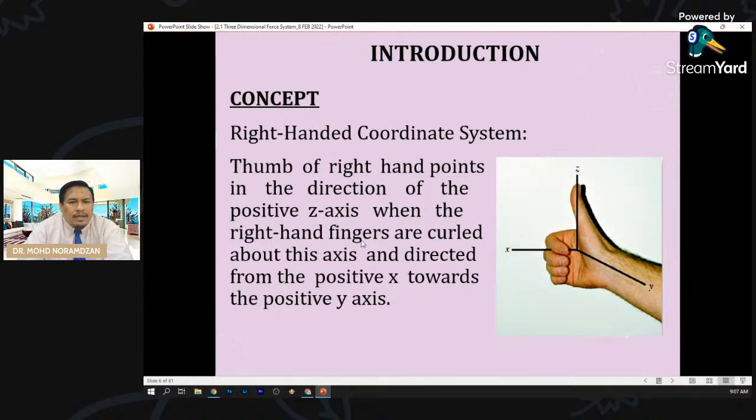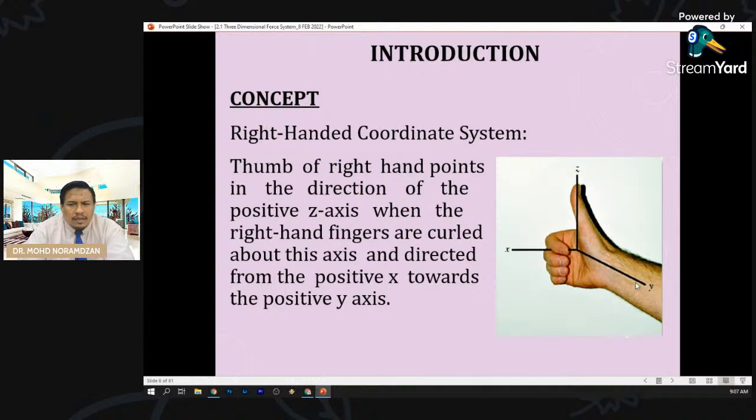When the right-hand fingers are curled about this axis, they are directed from the positive x toward the positive y-axis. So you can see, but sometimes they may change.